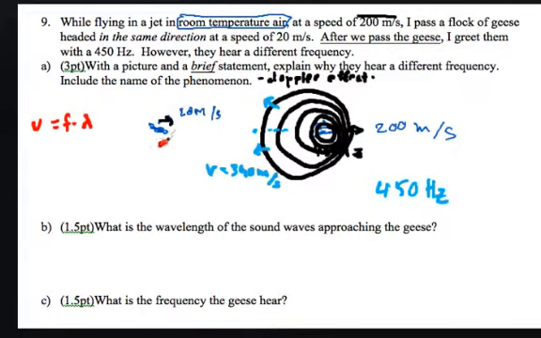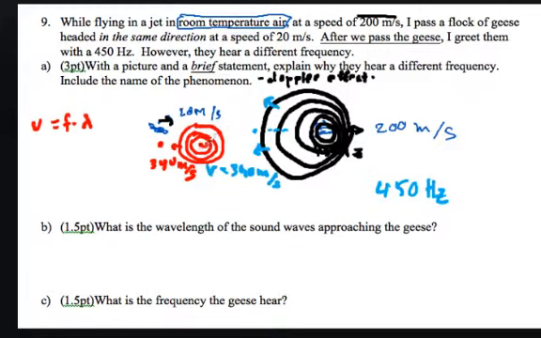If the geese were standing still and the plane were not moving, these circles would be concentric, moving at a speed of 340 meters per second.